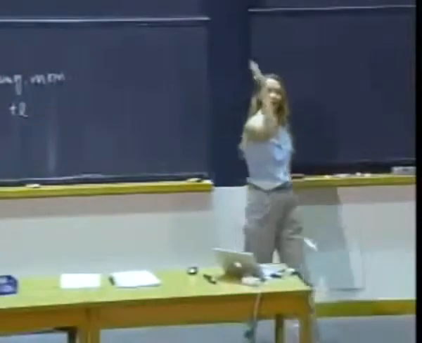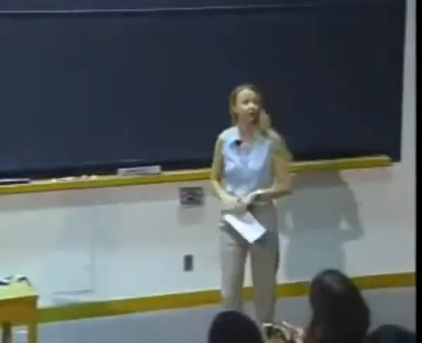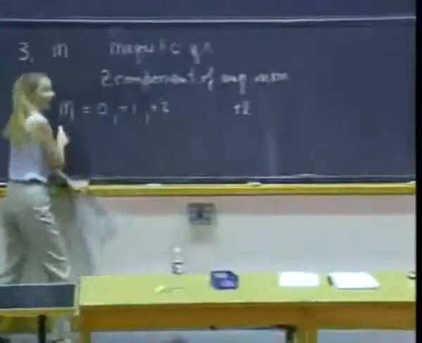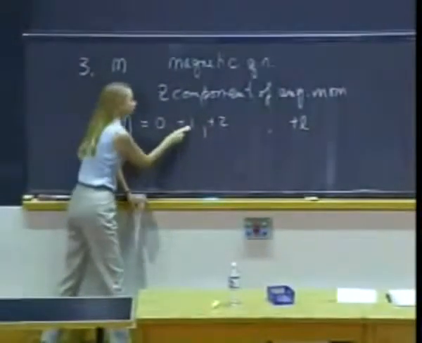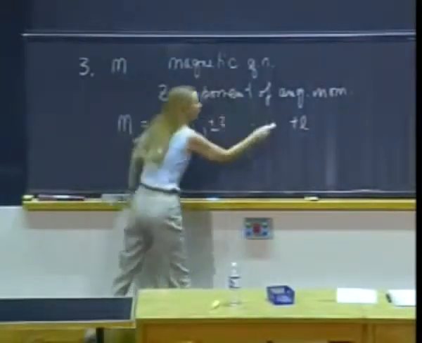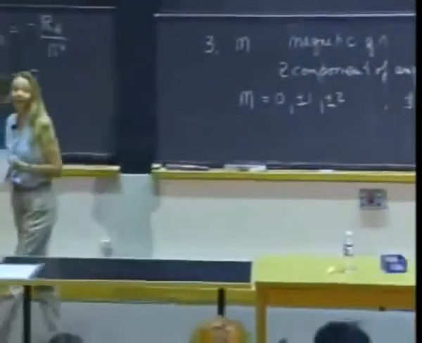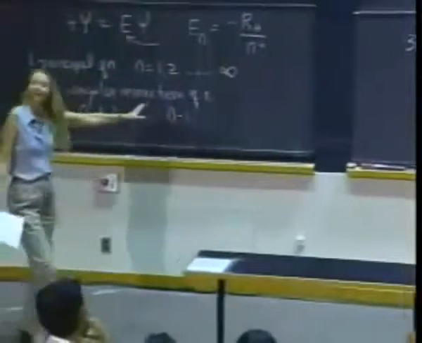And of course, when we talk about a component, we're going to have a direction here too. And so this quantum number m can be 0, plus or minus 1, plus or minus 2, all the way down to plus or minus L. All right, so that is it.